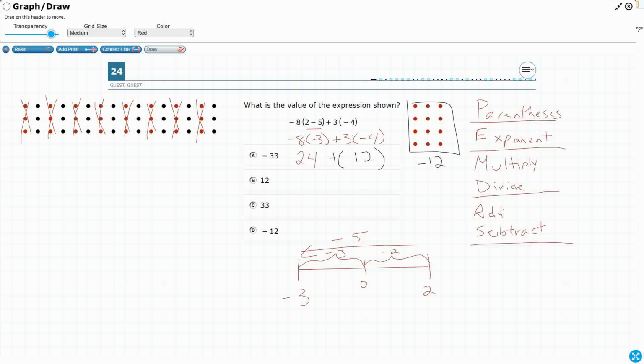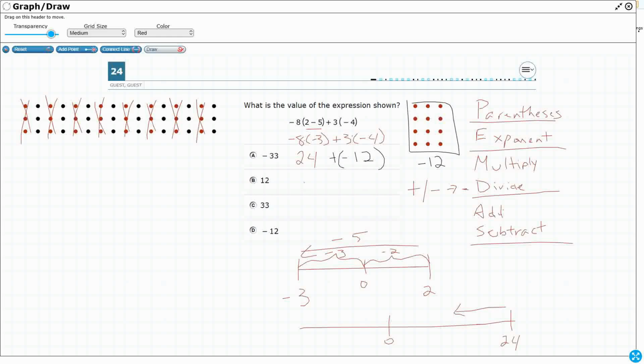So now I've got 24 plus negative 12. We can do that on a number line, or you can think, right, a negative and a positive together actually just transforms into a negative. I'm going to start at 24, and I'm going to add a negative 12, which means I'm going to end up going back this way.